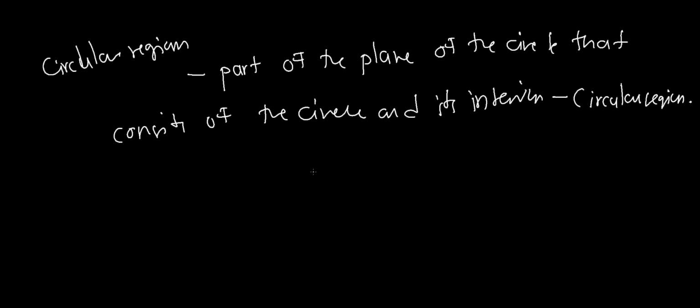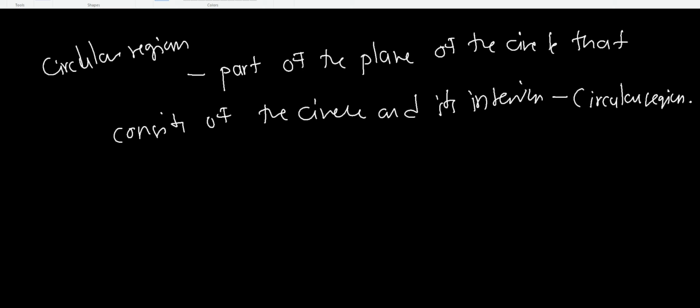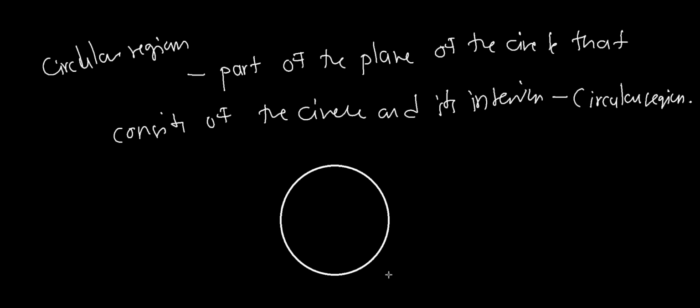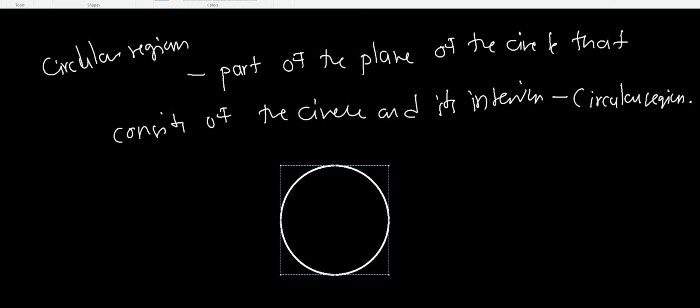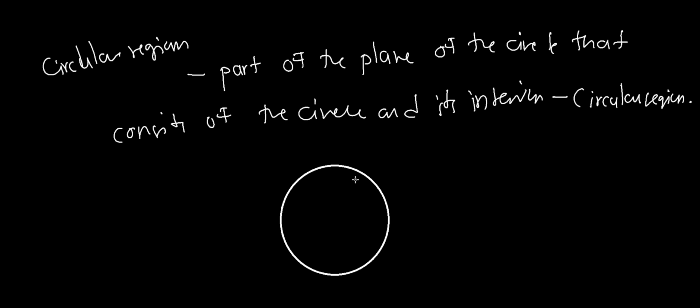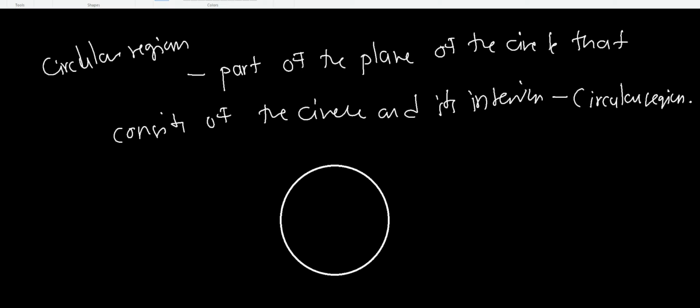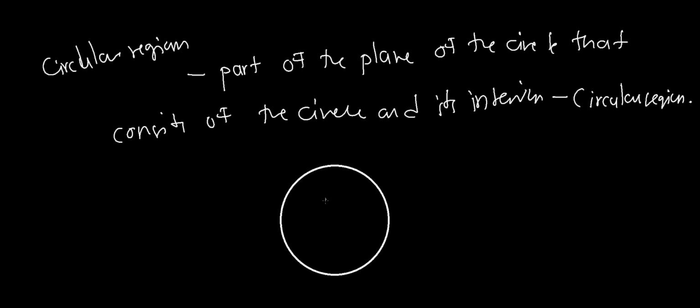So if we draw a shape like this, this is the center of the circle, O, and this is point P. The distance from O to P is our radius.